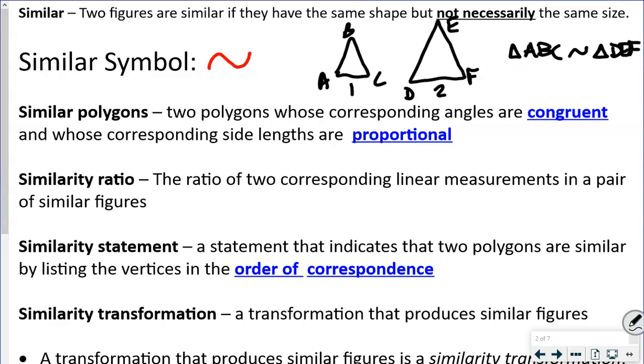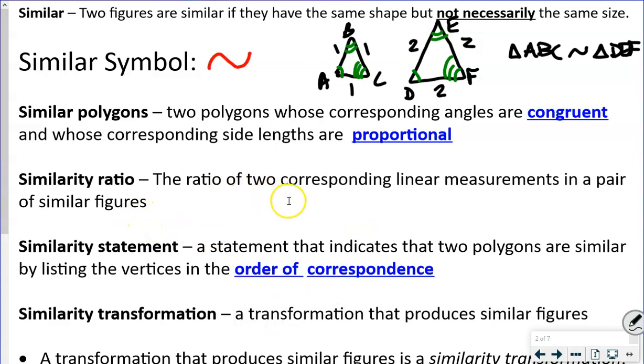And they're proportional because this means that A would be congruent with D, and B would be congruent with E angle-wise, and C would be congruent with F. And then we could also say that the sides are proportional. So let's say all of these sides were 1, 1, 1, and all of these sides were 2, 2, 2. Then we know that triangle DEF is 2 times the size of triangle ABC, right?